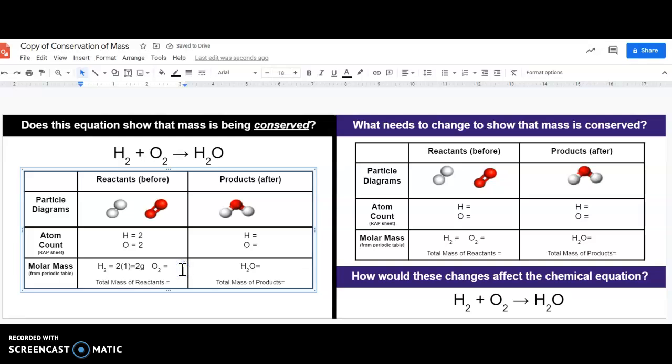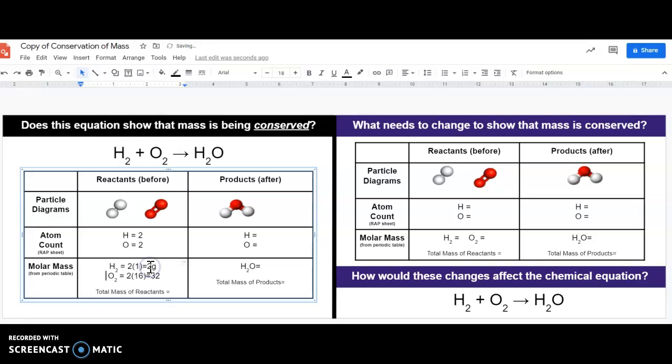With our oxygen, there's 2 times our mass of 16, which is going to equal 32 grams. That's our reactant side. So total, 32 plus 2, our total would be 34 grams.